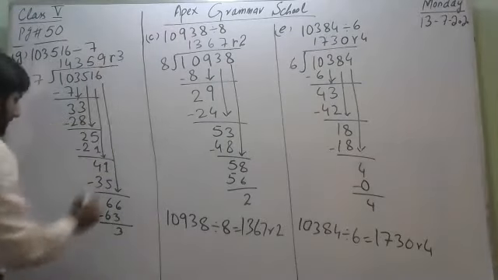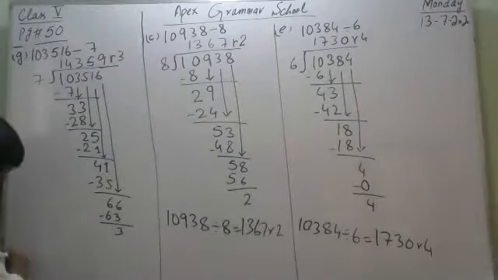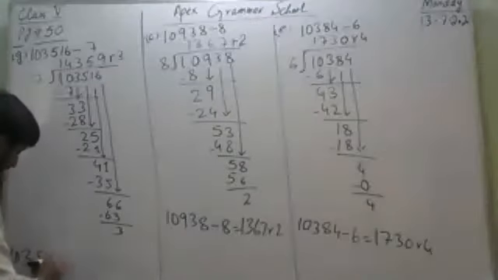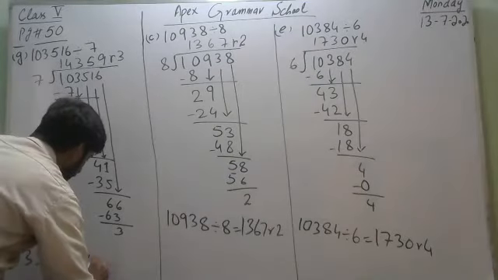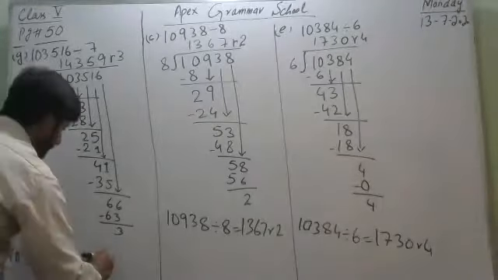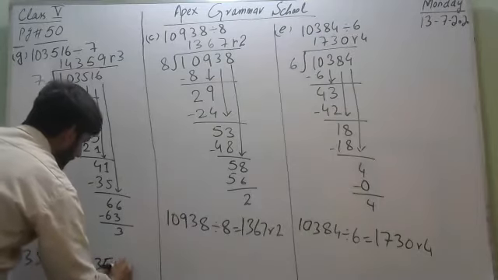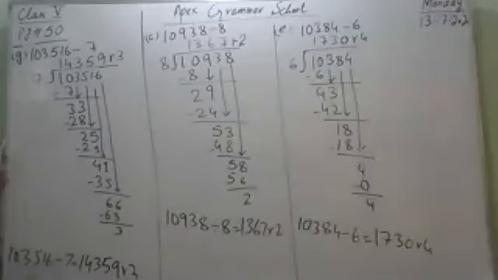Remainder 3. Answer is 103516 divided by 7 equals 14788, remainder 3.